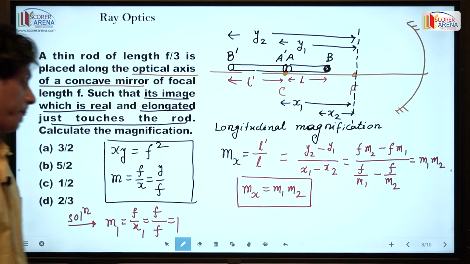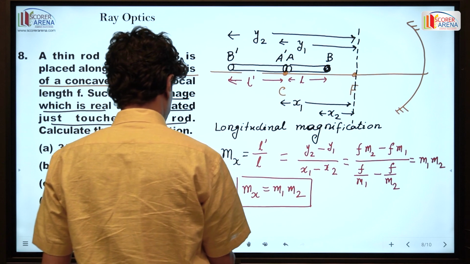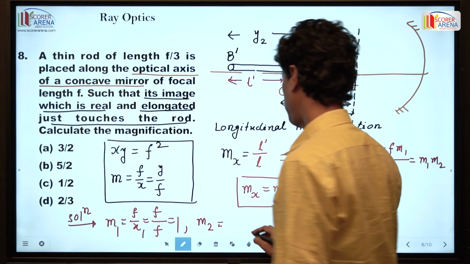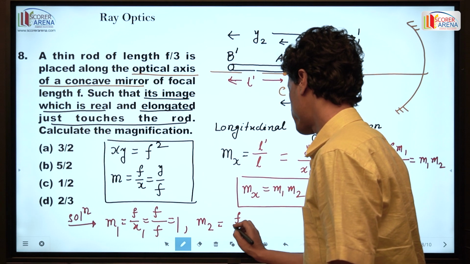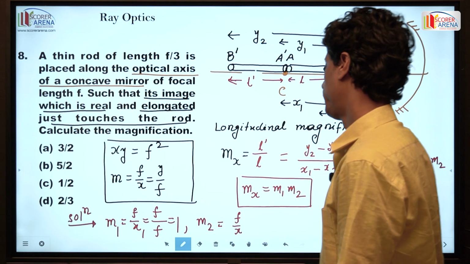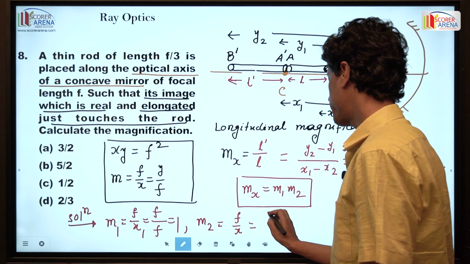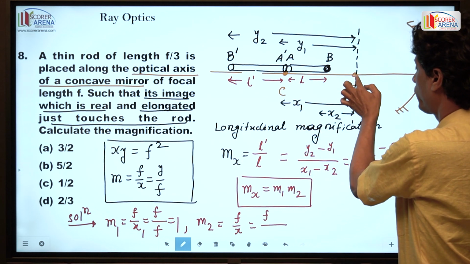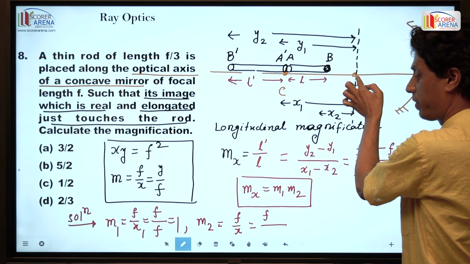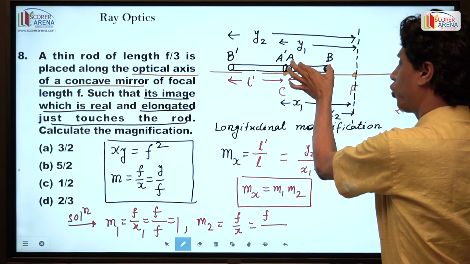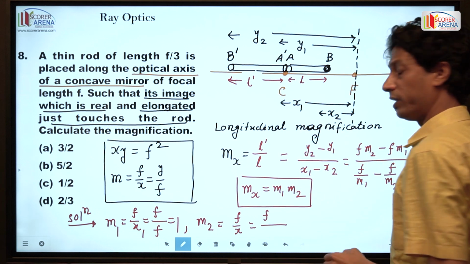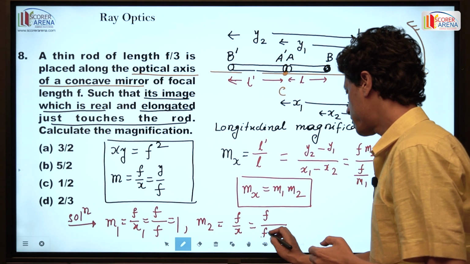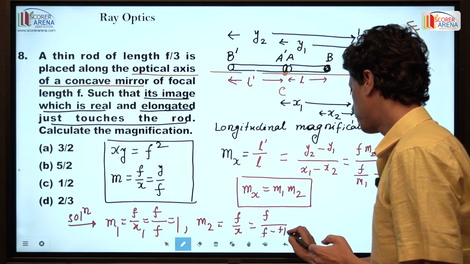Similarly, the linear magnification of the other end is also f by x. It is f by x, where x is the distance of the end B from the focus. The length of this rod is f by 3, so it is f minus f by 3.